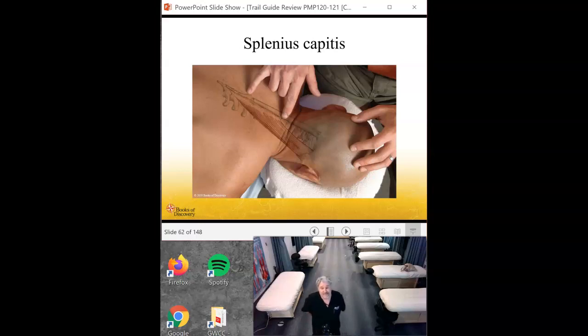By the way, the splenius capitis inserts into what on the head up there? What's that bump? Is it the aspera? Sir, I love you, but the linea aspera is a line on the back of your leg.